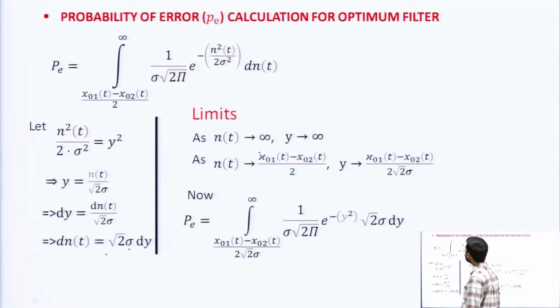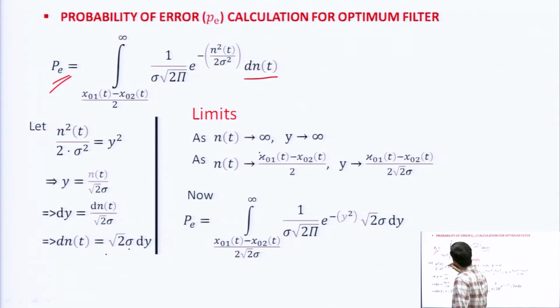So, P of E, the probability of error, equals the integral of 1 by sigma root 2 pi e to the power minus n squared of t divided by 2 sigma squared, multiplied by dn(t). Now I have to solve this integration.